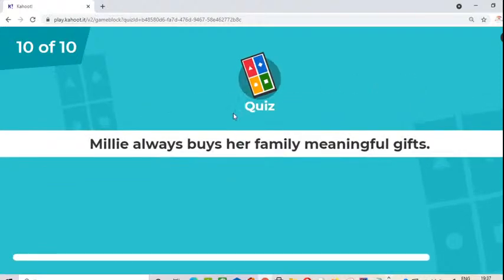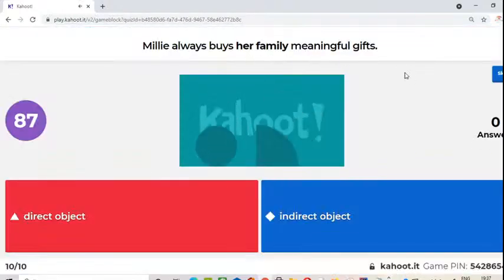The question is Millie always buys her family meaningful gifts. Okay, her family is the highlighted words here.